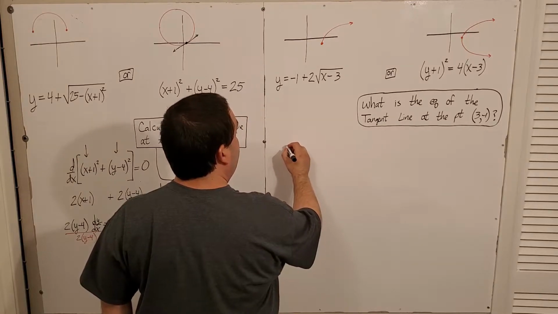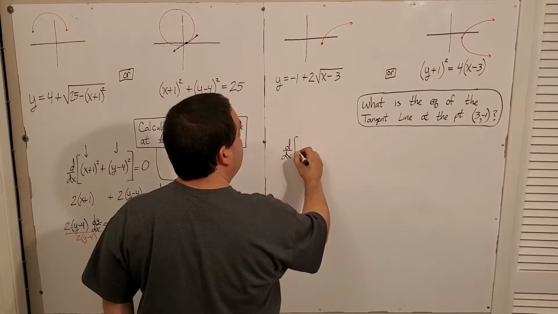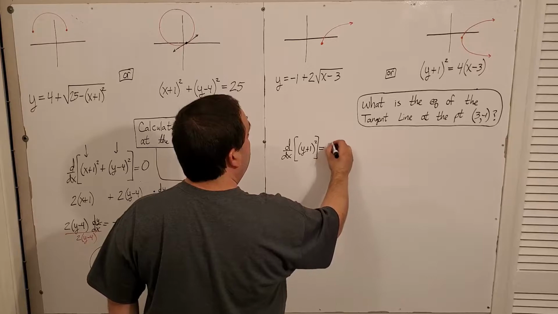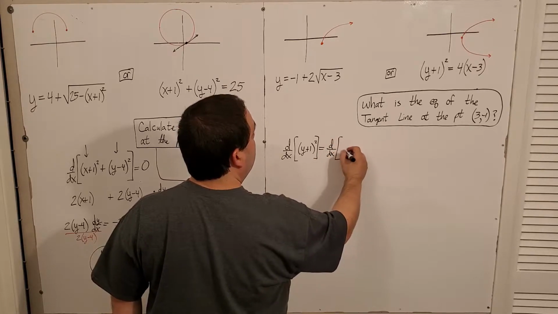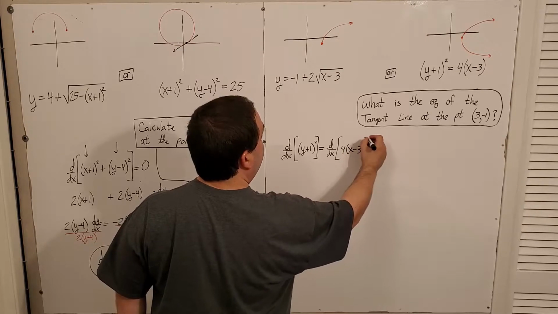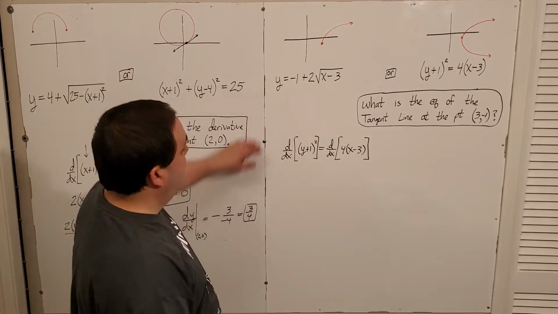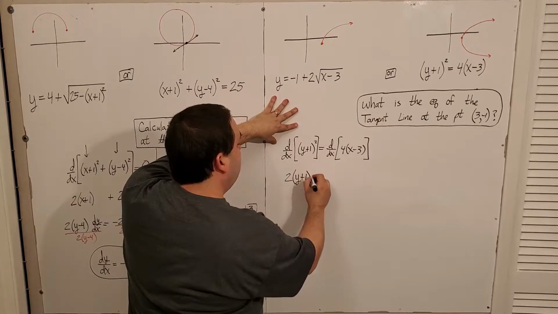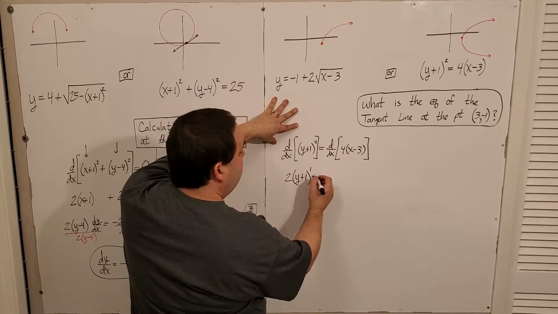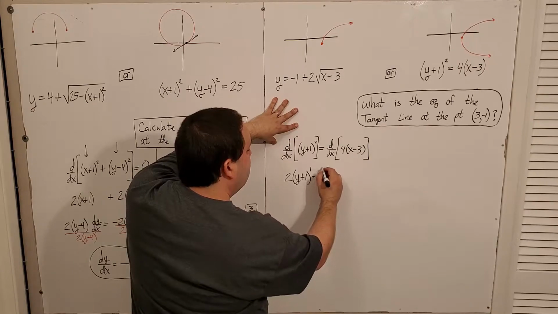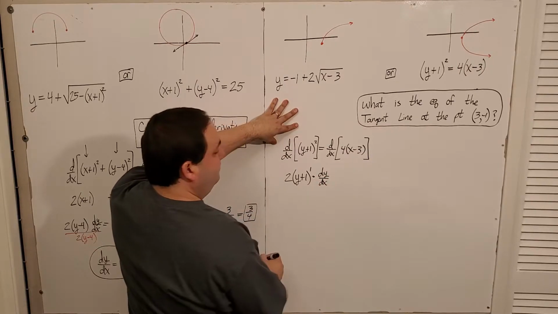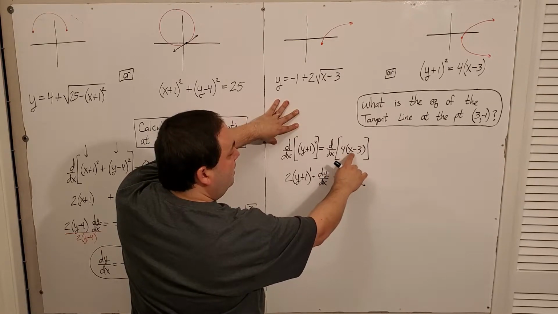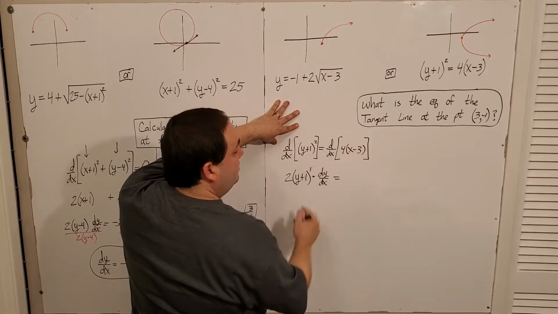I'm going to take my derivative, d over dx, of both sides. y plus 1 squared and dy over dx of 4 times x minus 3. Chain rule here gives me 2 times y plus 1 to the 1 power times derivative of y, which is y prime, or dy over dx, equal to the derivative here, which is going to be 4 times the derivative of this, which is 1.